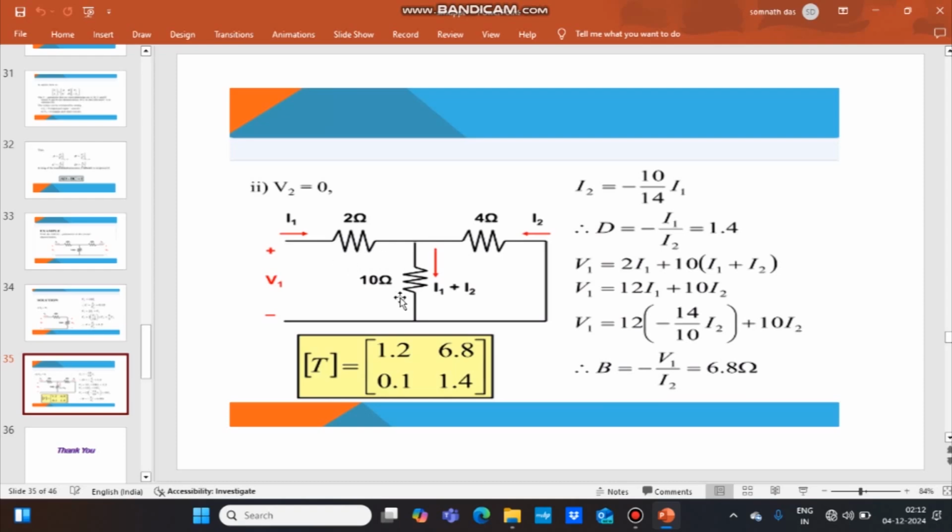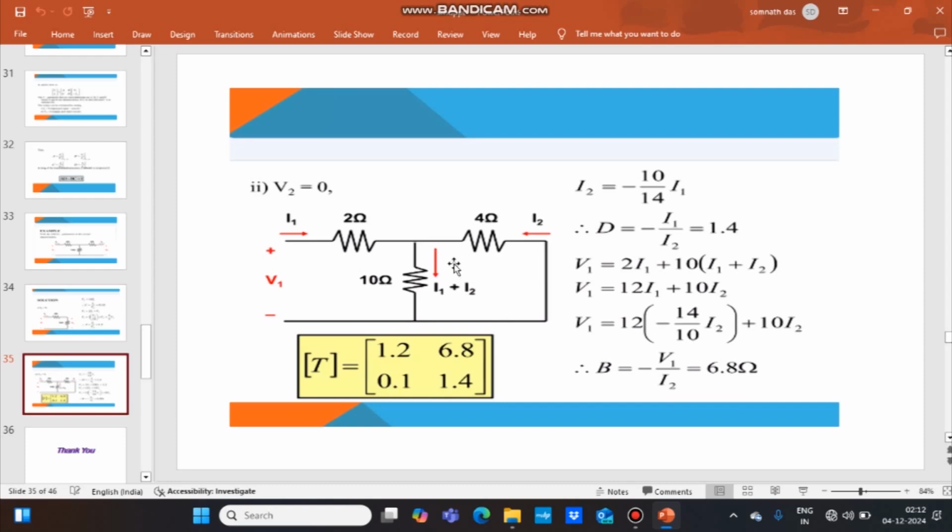Here I1 is the main current, I2 is flowing through the 4 ohm resistance, and I1 plus I2 is flowing through the 10 ohm resistance. So I2 will be the main current divided by total resistance into the 10 ohm resistance. So I2 equal to minus 10 by 14 into I1. Here I2 is taken as negative because as the output port is short circuited, the direction of I2 is opposite. So D equal to minus I1 by I2 equal to 1.4.